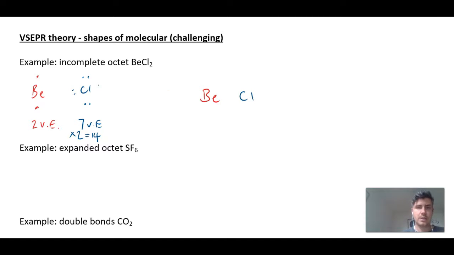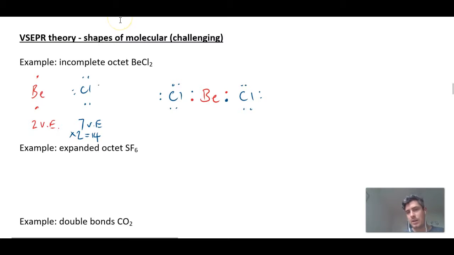Now, because beryllium only has 2 electrons, it's only able to bond twice, because to make a bond it has to share an electron with the chlorine there. And so chlorine will share back, and that forms 2 single bonds either side. Not forgetting chlorine's electrons there as well.